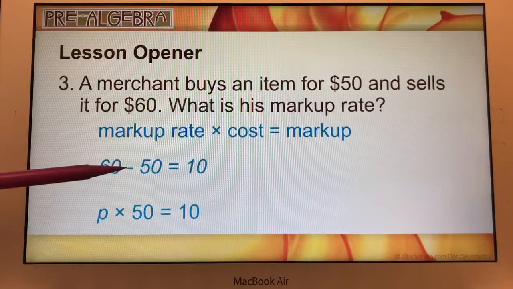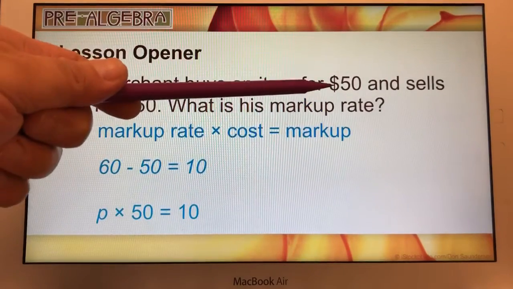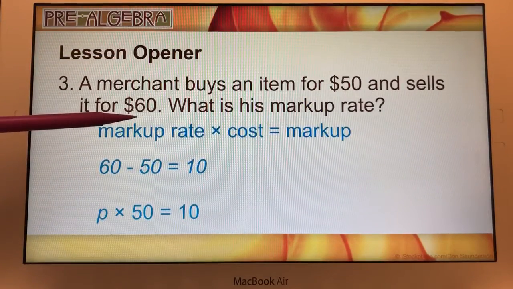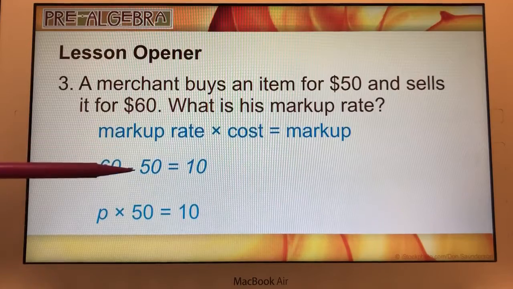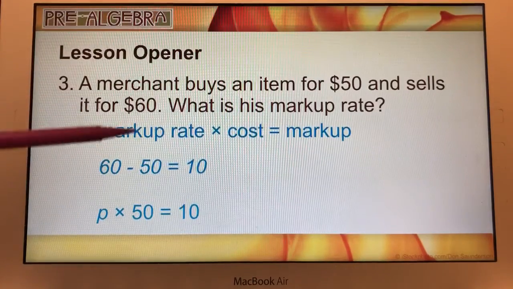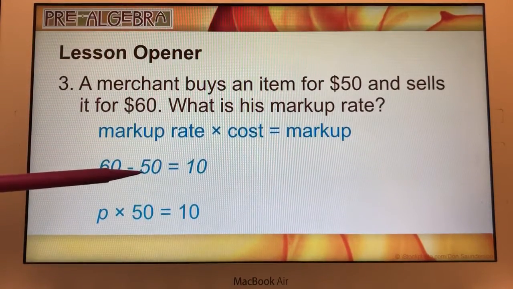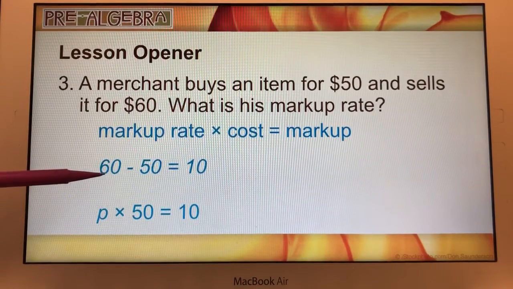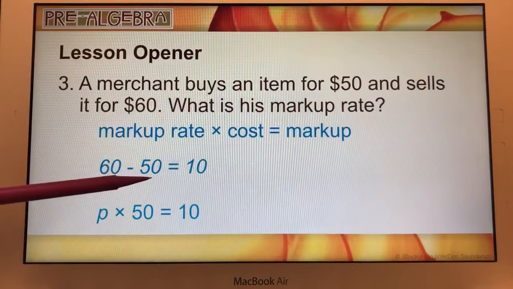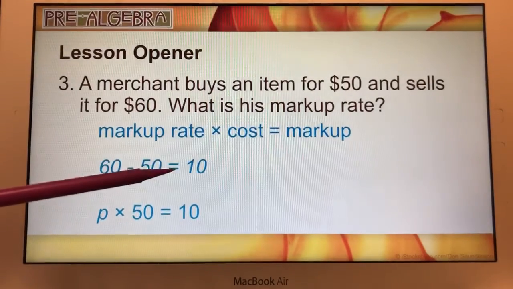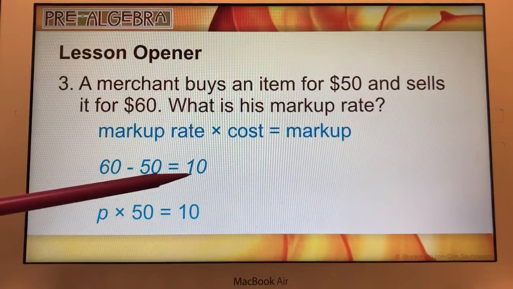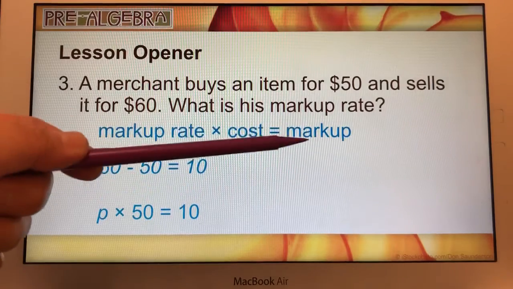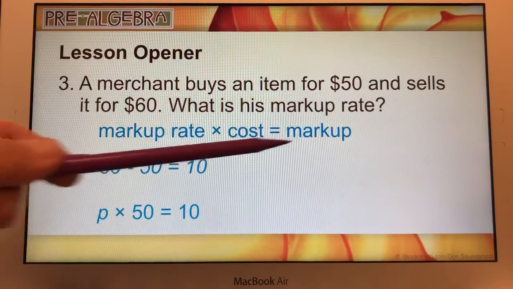First of all, he went from $50 to $60. He increased the price, because he had to make some money, right? And so we would subtract 60 minus 50, and the difference is going to be $10. And that's the markup, that's the amount that he went up.